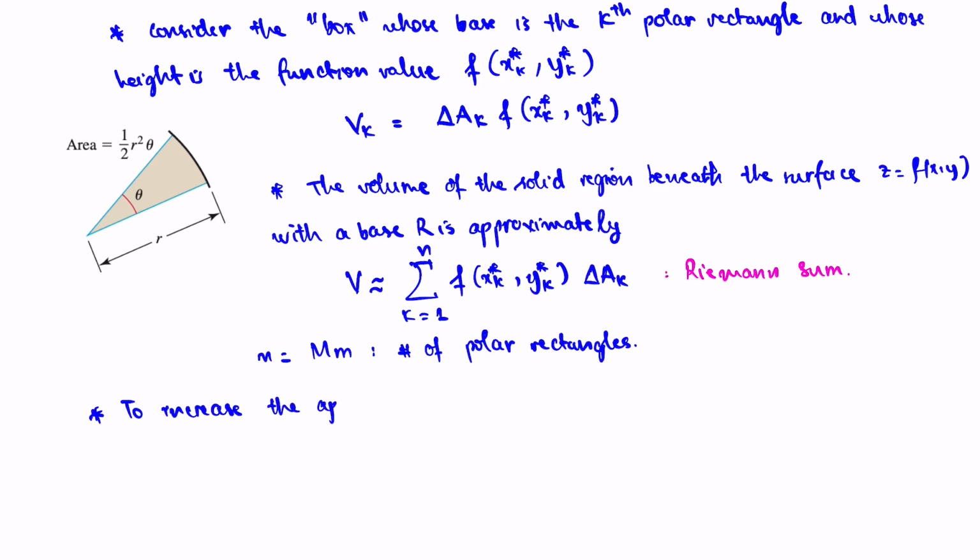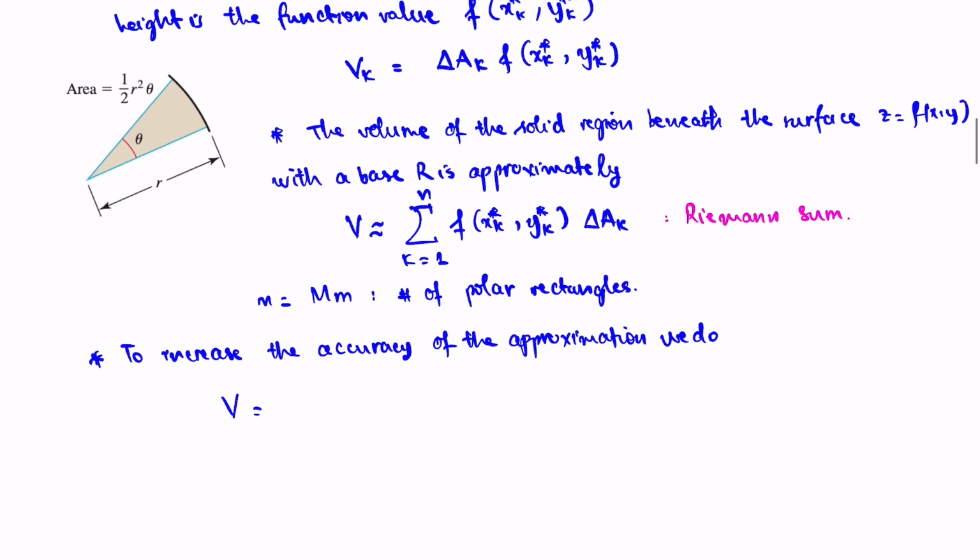So now instead of the approximation notation, we're going to use the equal sign. V is equal to the limit of the summation for k going from 1 to n of f of x_k star, y_k star times delta A_k as n goes to infinity.